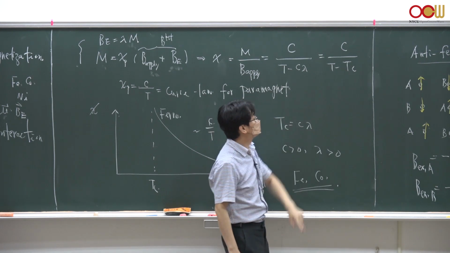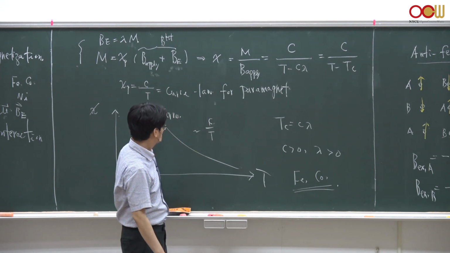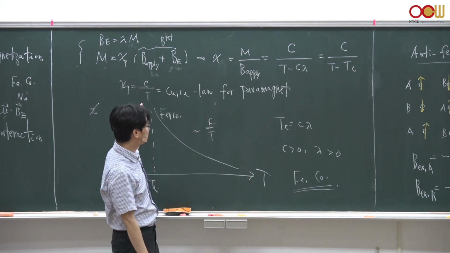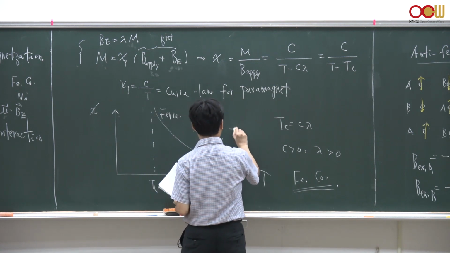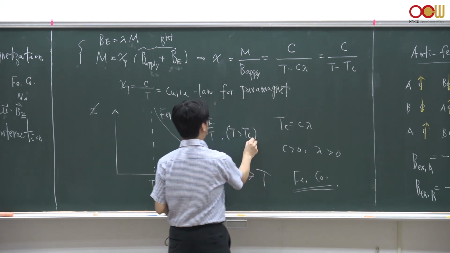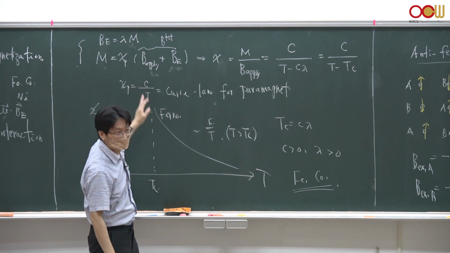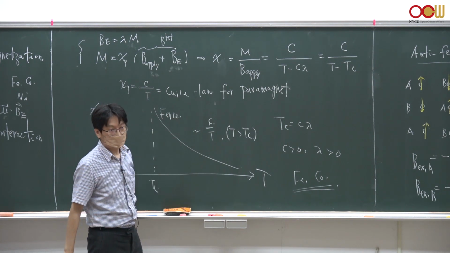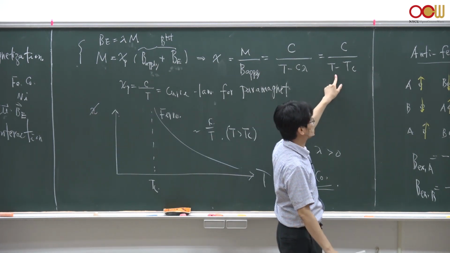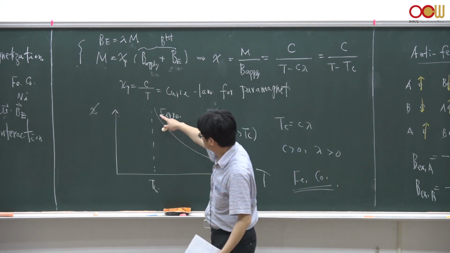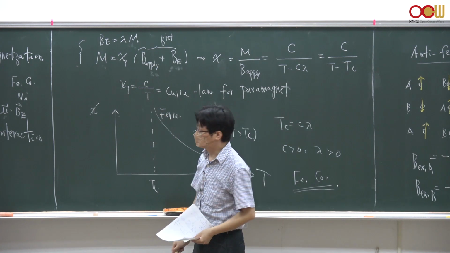Okay, so that when T is above Tc, you get more or less this Curie law, right? But it diverges when T becomes Tc. And that is precisely where the spins are ordered.